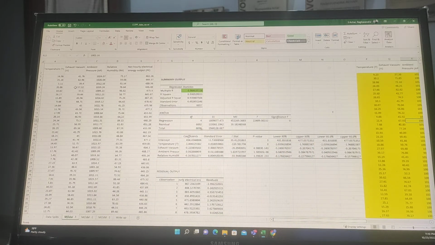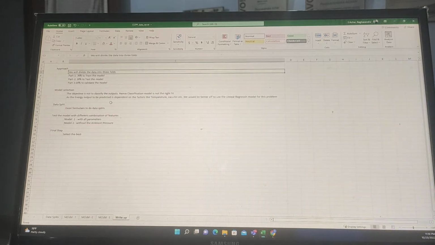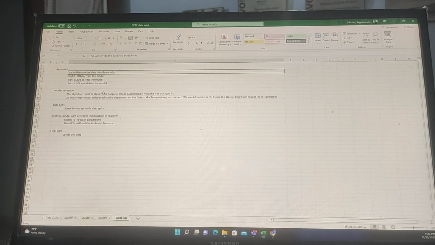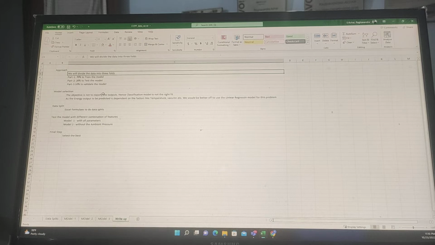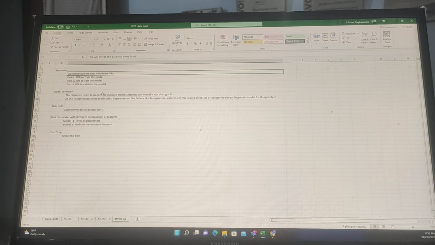Now that being said, I started thinking about what other things I can do. I had to select my model. If it was going to be classifying information into different types, then maybe I would have gone with a classification model. But here, since we're trying to predict an output, a number, the best model that I could think of was the linear regression model.